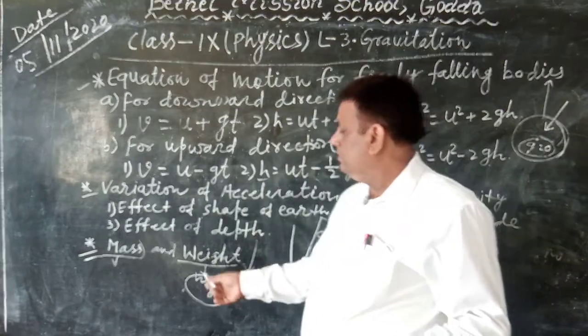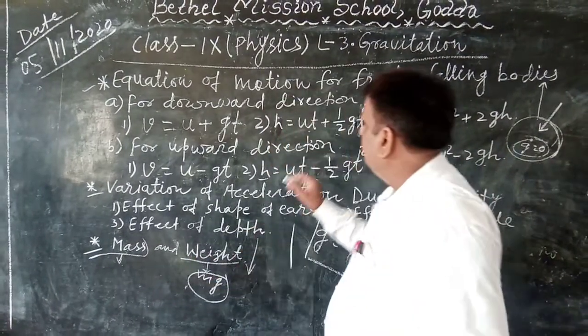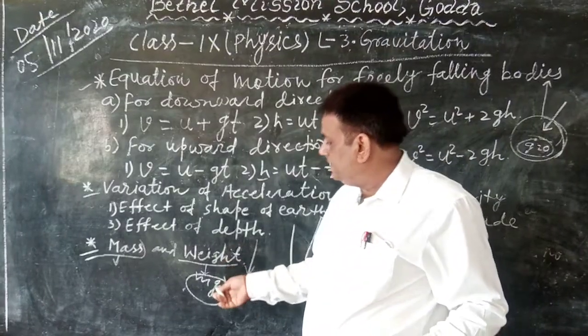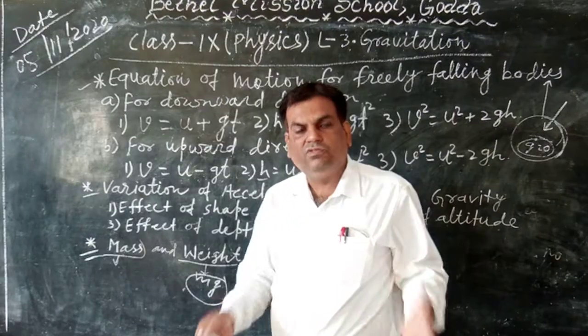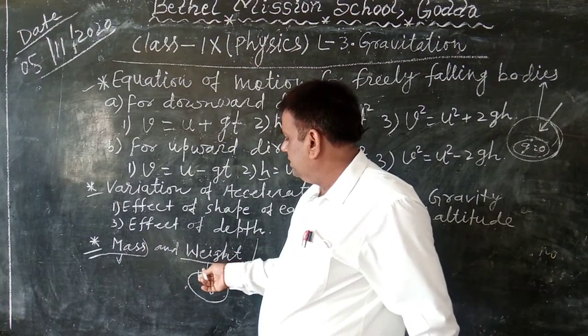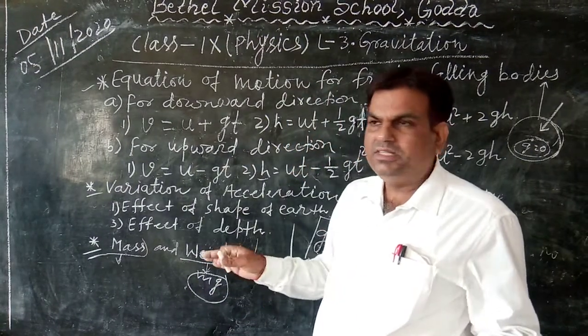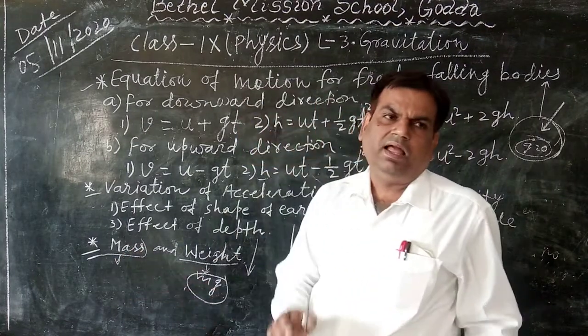You know that force equal to mass into acceleration, F equal to ma. So here in place of acceleration we will write g. So weight is a kind of force, and that's why the SI unit of weight is Newton. So these are some differences between weight and mass.